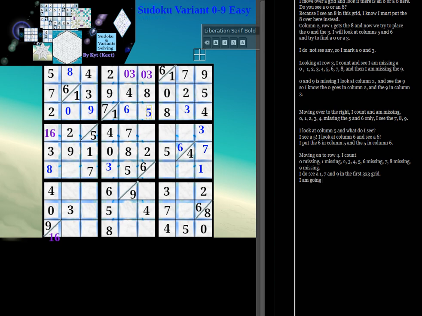I am going to count so I know what numbers are missing only in this first grid. 0, missing 1, and I see a 1. Oopsie. Remember my marks from before?